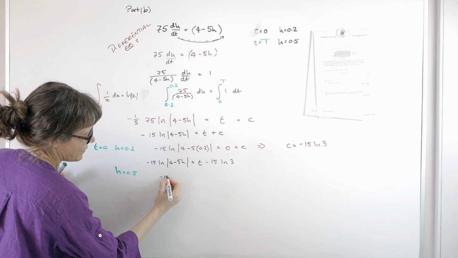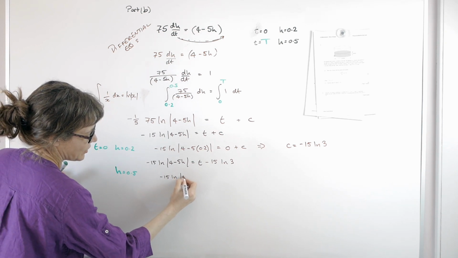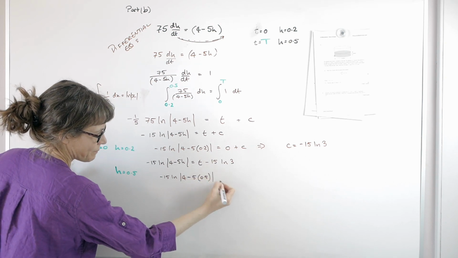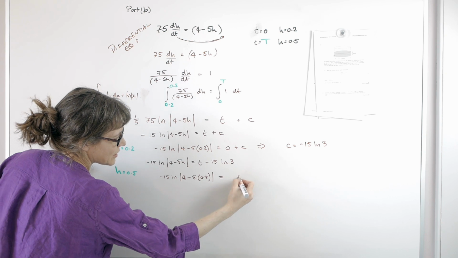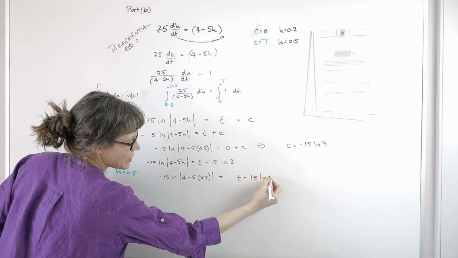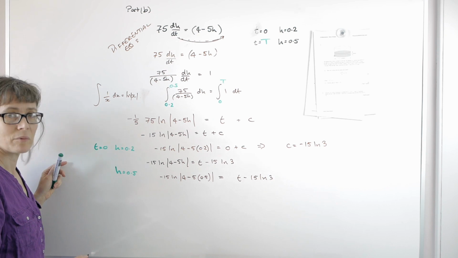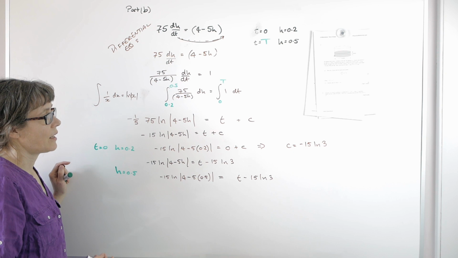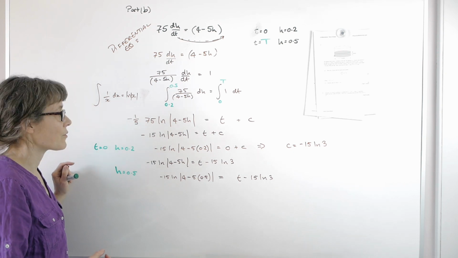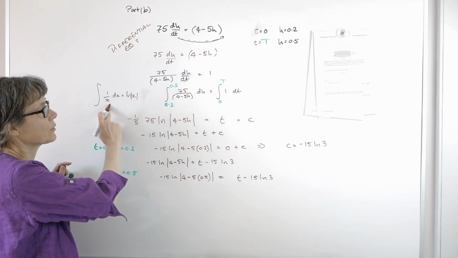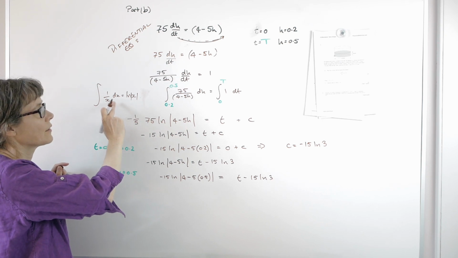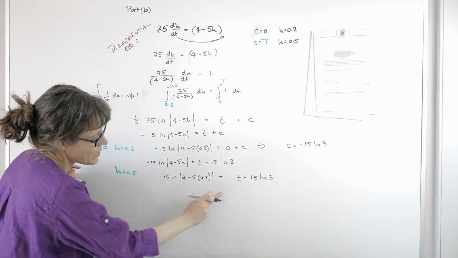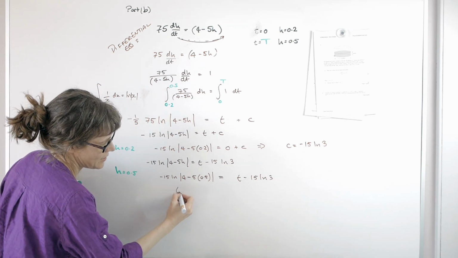And we get minus 15 ln of 4 minus 5 times 0.5 equals t minus this c, which is not changing, and then we can work out t from there. So you will need log rules at this point. We haven't really used the log rules so far, apart from knowing that the integral of 1 over a linear, a single power of a variable, gives us ln. But here we've got to rearrange to get t.